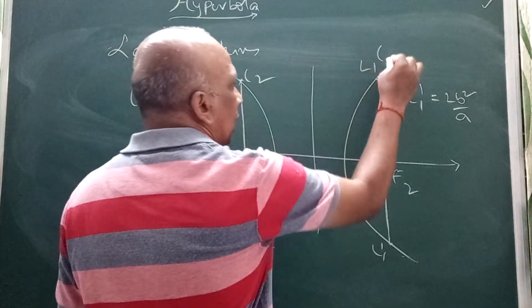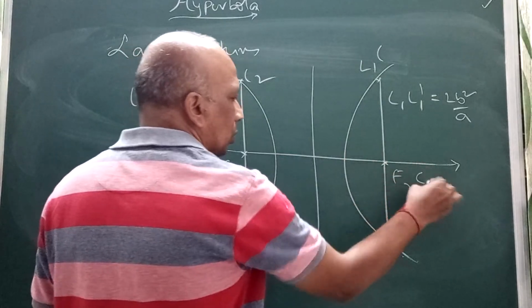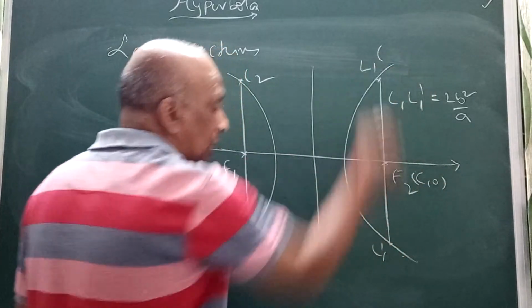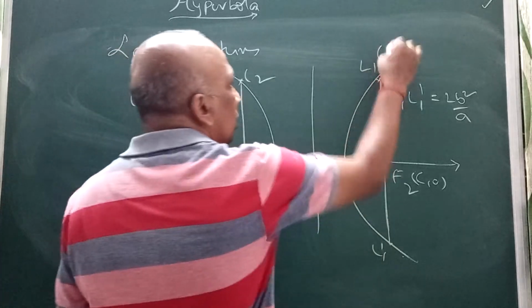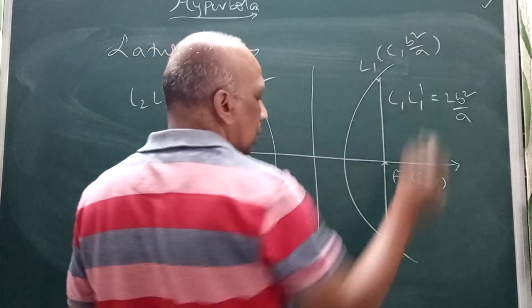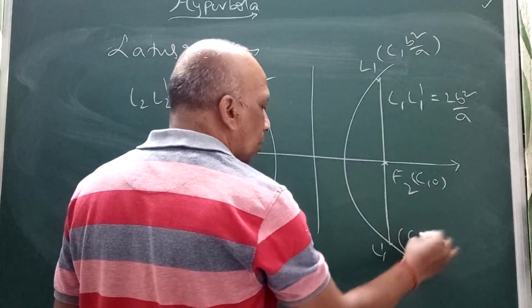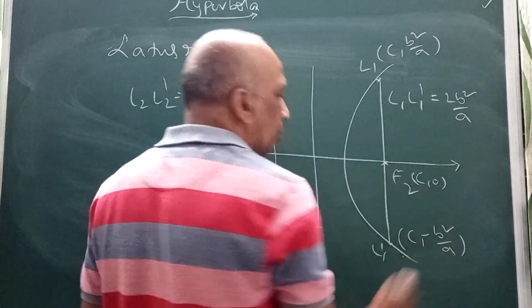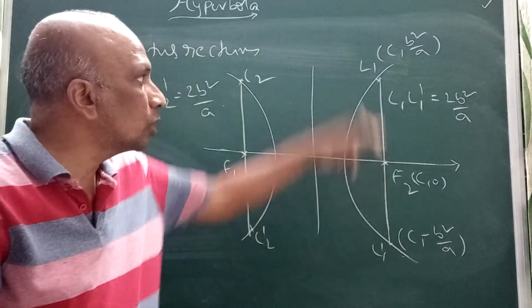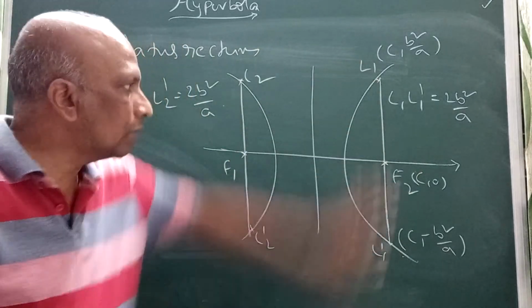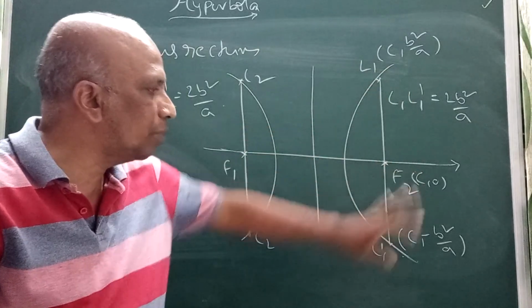If you want the ends of the latus rectum, the focus is (c, 0). This is a vertical line, so there is no change in the x coordinate. This point will be (c, b square by a), and the other one will be (c, minus b square by a), because it is symmetric with respect to both the axes. F2 is the midpoint of this. This length is b square by a, and this length is b square by a.